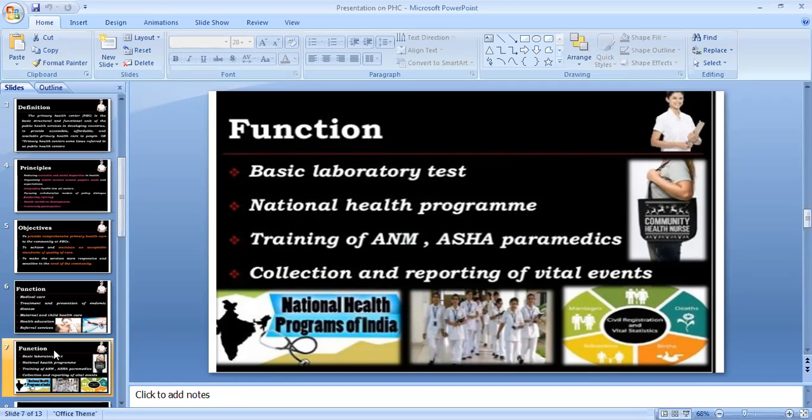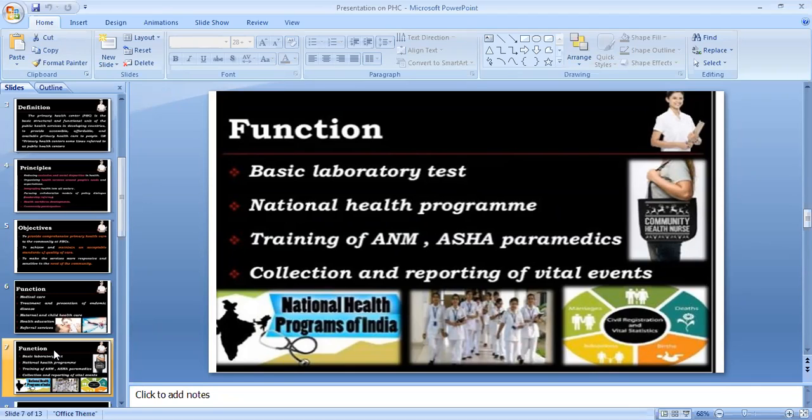They have the laboratory services for that. So based on the endemic condition, they do all the laboratory tests. But they have to have the laboratory test material and a laboratory technician as well.